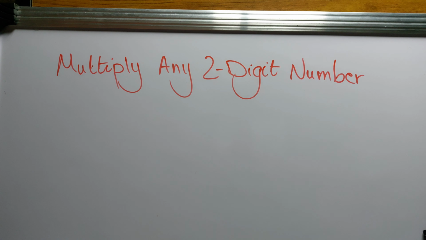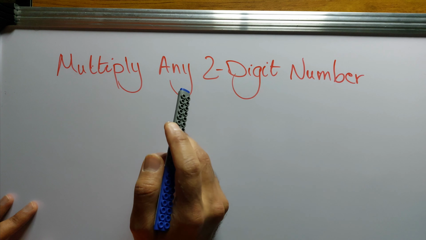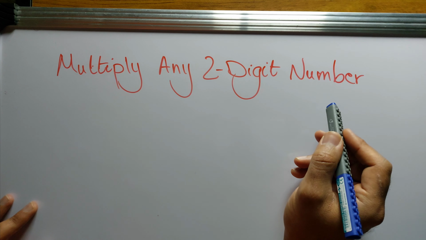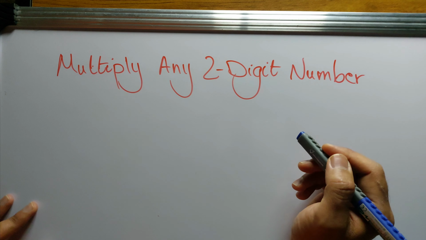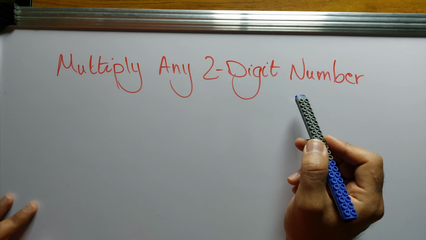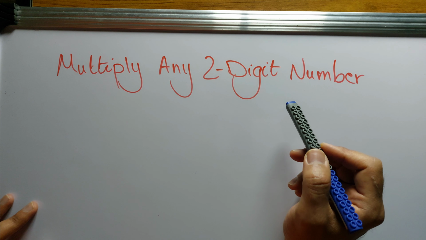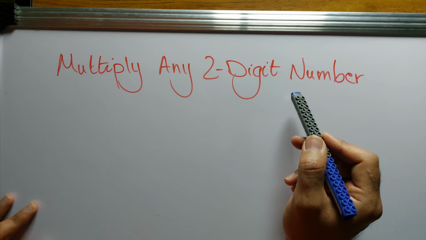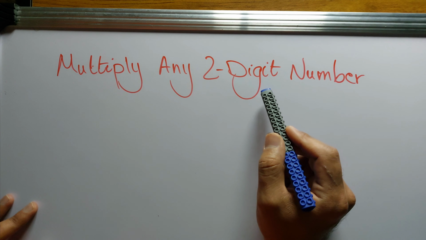So I'm here to show you a method that you can use to quickly calculate the multiplication of any two-digit numbers. At first, it might be a little difficult for your brain to catch the strategy. And I'm sure after tens of trials and attempts, you can handle that much better than the traditional style.